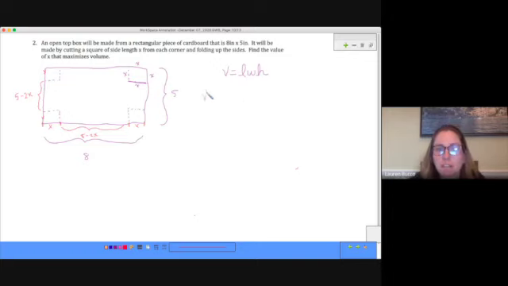So let's see. The volume is equal to length times width times height. So X times 8 minus 2X times 5 minus 2X. I don't really feel like doing a triple product rule, so I'm going to FOIL this. I'm going to leave the X out for a second. So what's that? 40 minus, am I getting minus 26?